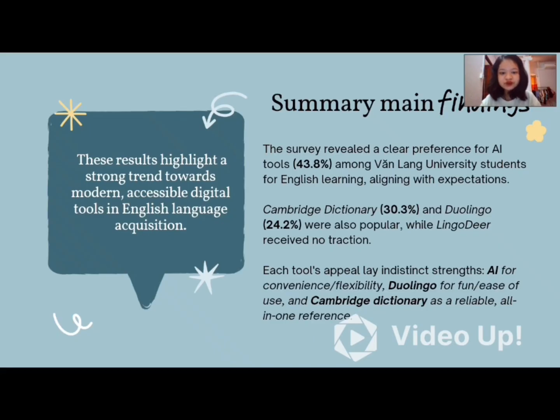Each tool's appeal lies in distinct strengths: AI for convenience and flexibility, Duolingo for fun and ease of use, and Cambridge Dictionary as a reliable all-in-one reference.